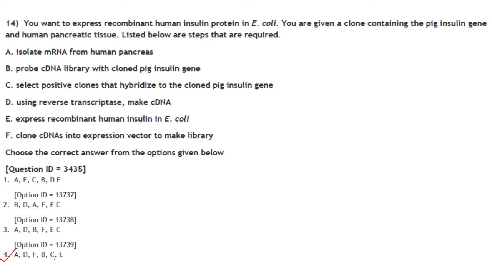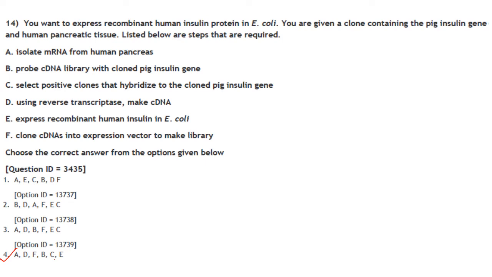Then next one, you want to express recombinant human insulin protein in E. coli. You are given a clone containing the pig insulin gene and human pancreatic tissue. Listed below are the steps that are required. Choose the correct answer from the options below. Isolate mRNA from human pancreas. That would be the first thing that you have to do.